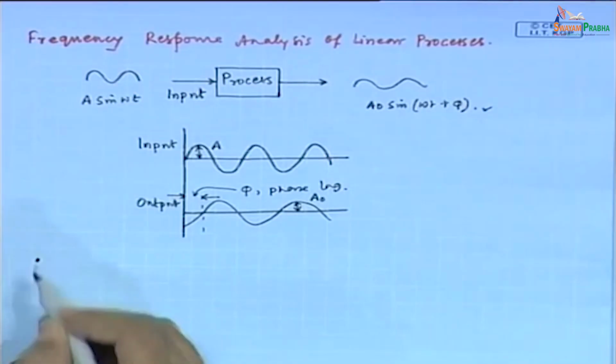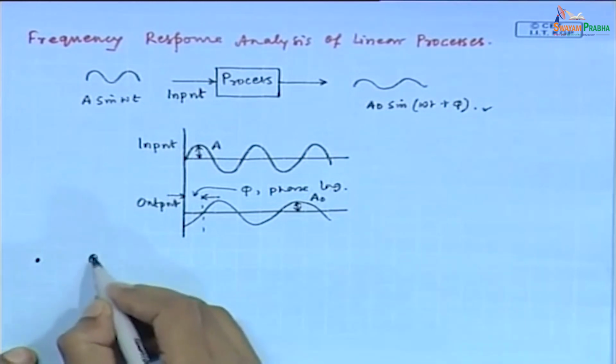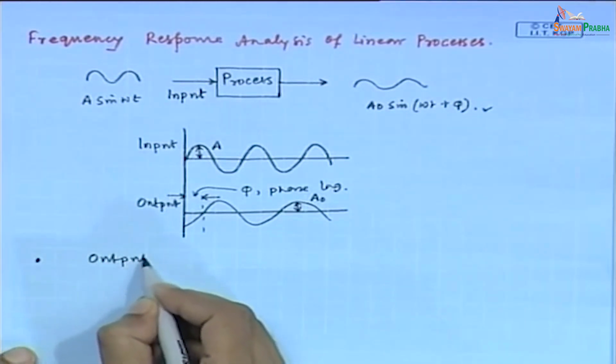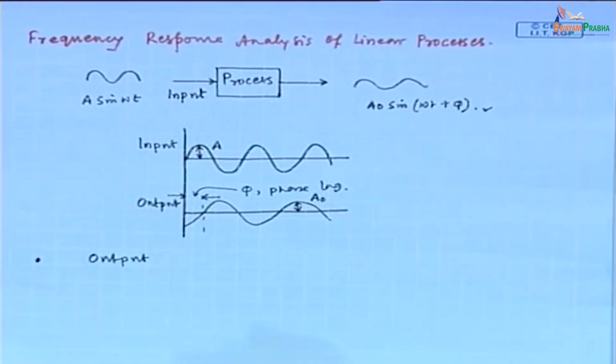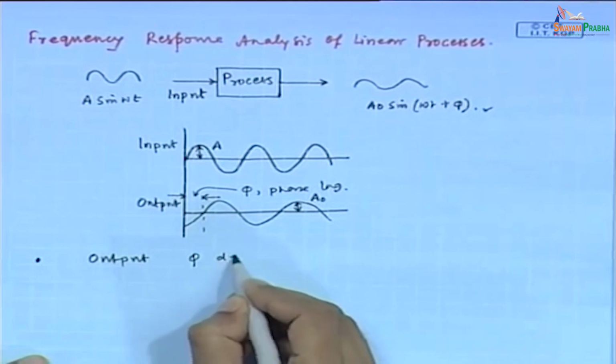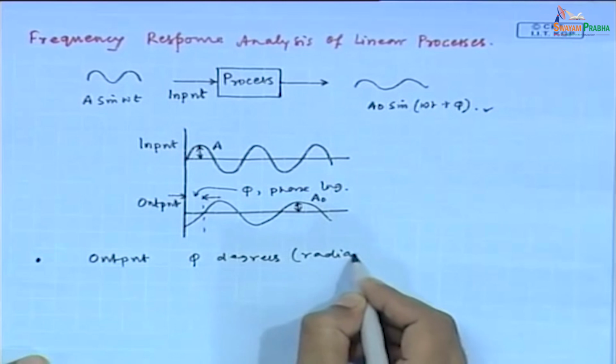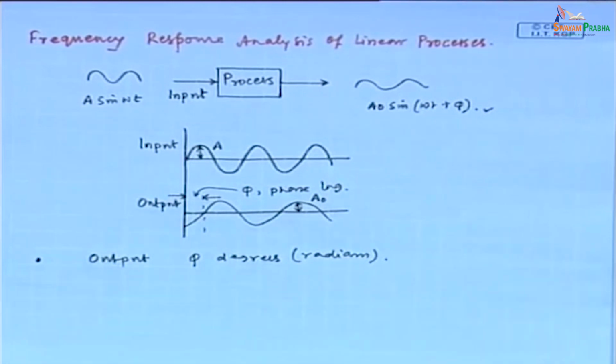Now, it is obvious that both the input and output are sinusoidal, and the output is out of phase by phi degrees or radians.